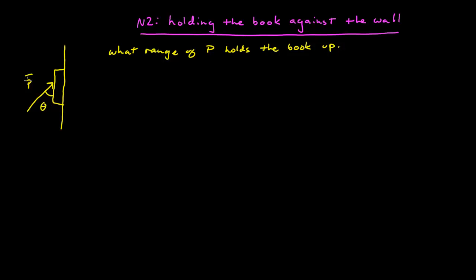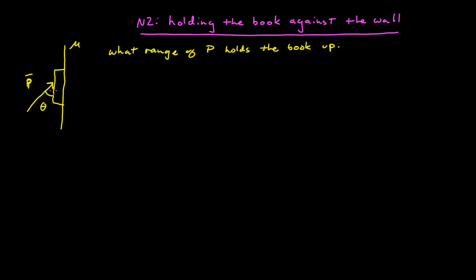So let's think about it. How are we going to hold the book up? There's some coefficient of static friction mu between the wall and the book. And so I can say, well, if my pushing force gets really, really weak, in the limit that I let go, the book is going to fall.